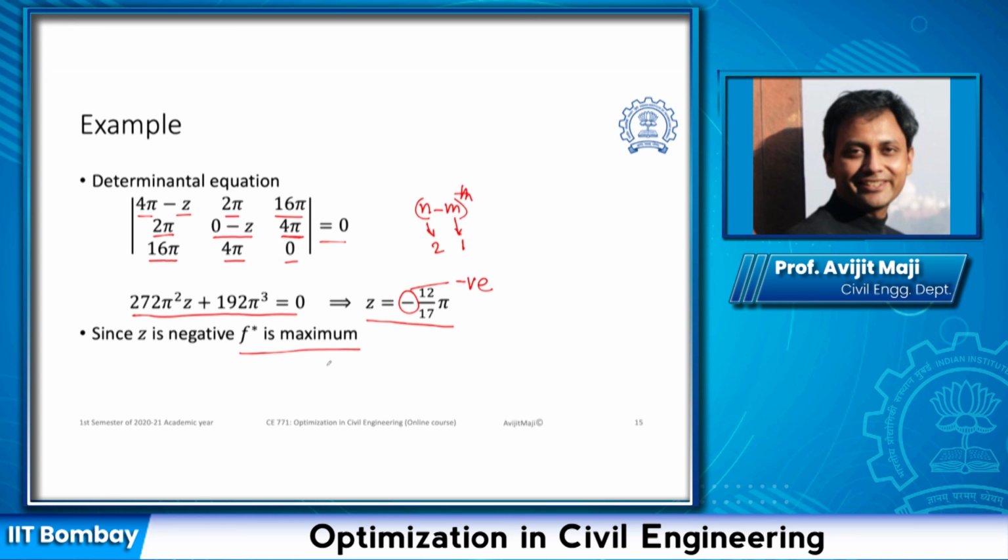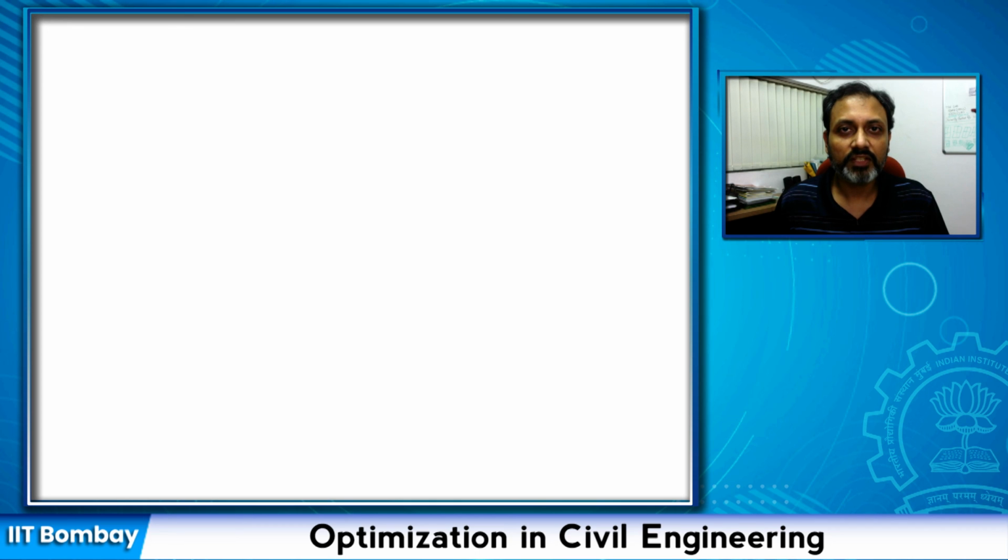So this is how we apply the Lagrange multiplier to solve a multivariable optimization problem with equality constraints. In today's lecture, we saw how we can effectively use the Lagrange multiplier to convert a multivariable constrained problem into an unconstrained multivariable optimization problem, particularly when the constraints are of equality nature.